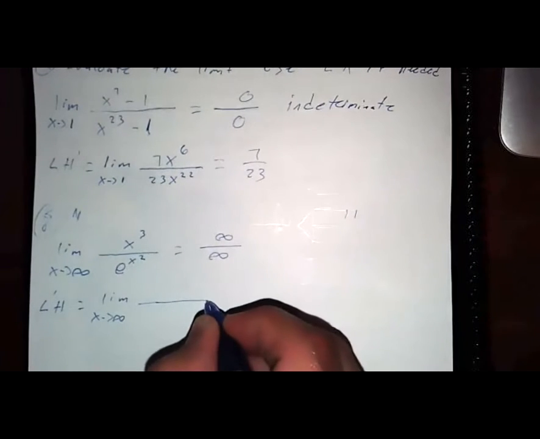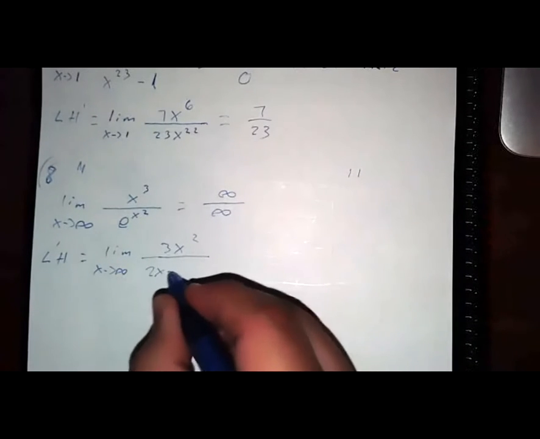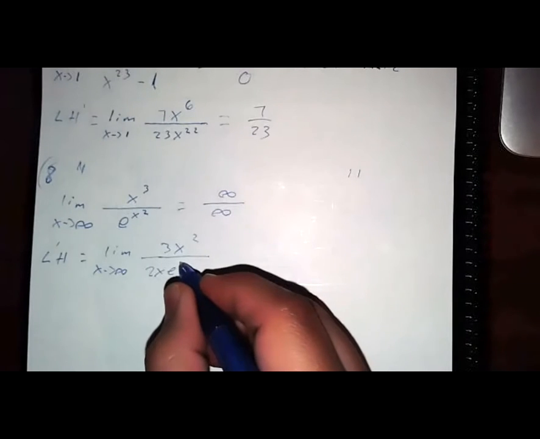But to prove that, we can do L'Hopital and show why it's going to go to 0. So let's do the L'Hopital here. The limit as x approaches infinity. The derivative of the top is not too bad, right? Derivative of the bottom, what's that going to be? 2x e to the x squared.